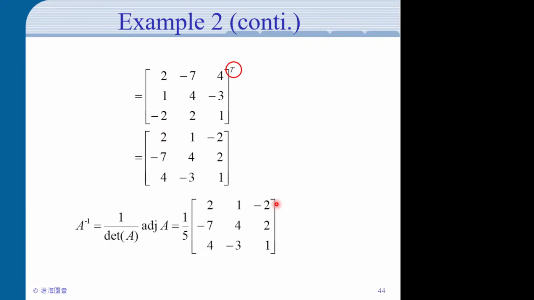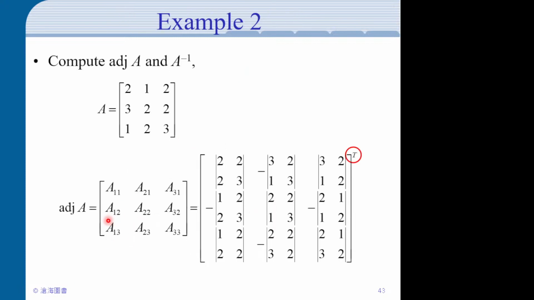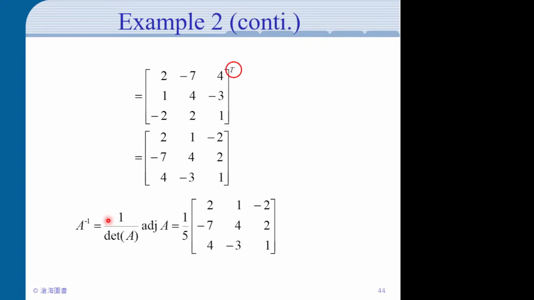And finally, you calculate A inverse as this matrix divided by the determinant. And we also skip calculating the determinant. I guess we can check really quickly the determinant.